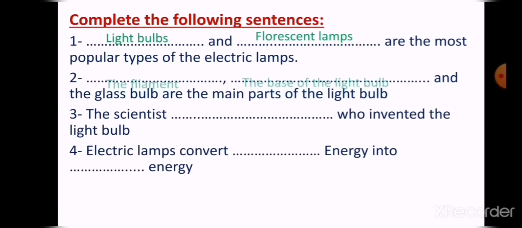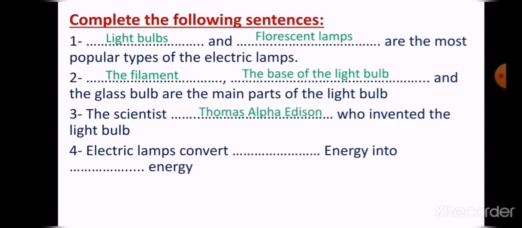The filament, the base of the light bulb, and the glass bulb. Number three, the scientist who invented the light bulb is called Thomas Alva Edison. Number four, electric lamps convert electric energy into light energy.